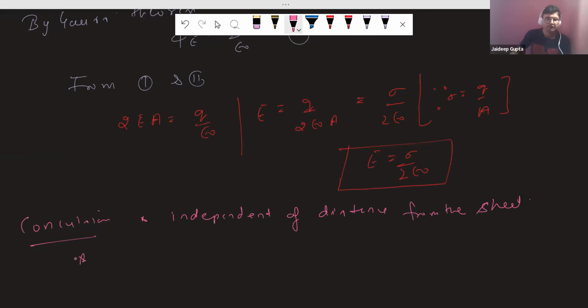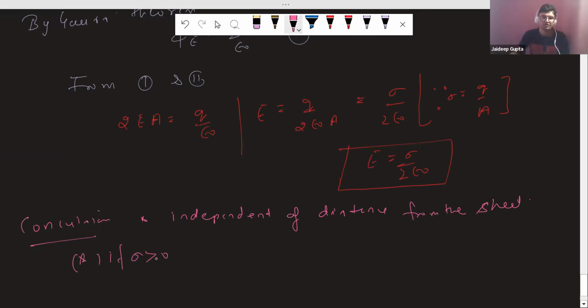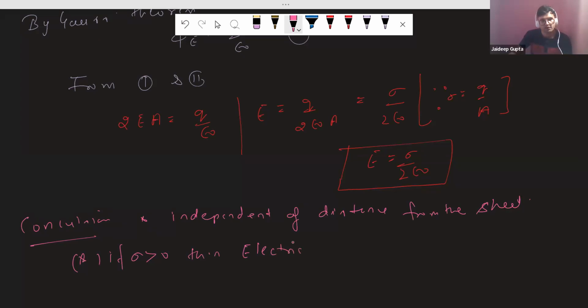Fine. If sigma is greater than 0, it means if the sheet is positively charged, then electric field will be away from it.